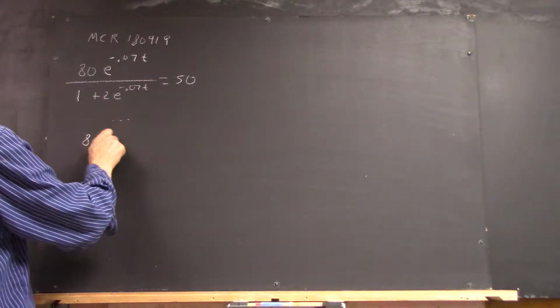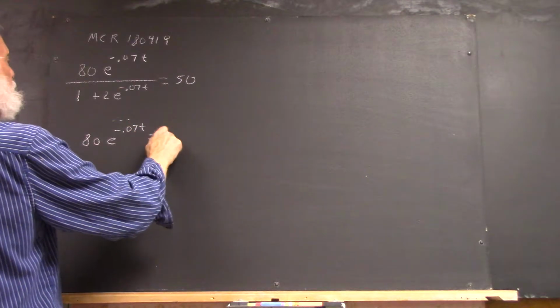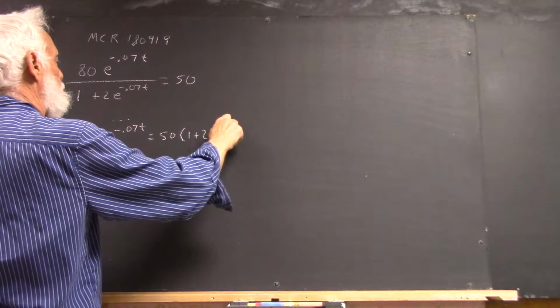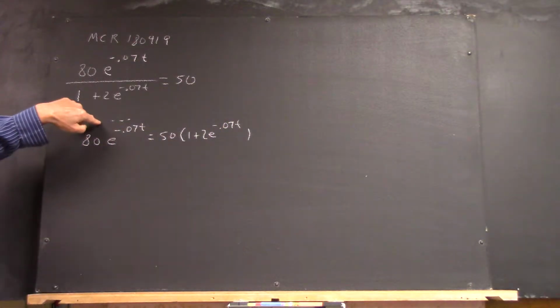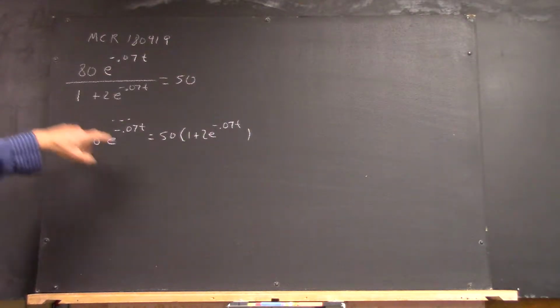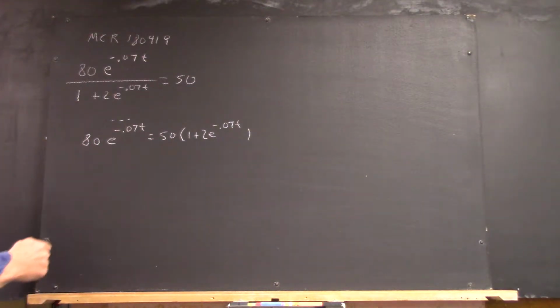We get 80 e to the negative 0.07t equals 50 times 1 plus 2e to the negative 0.07t. Now when I put dots here, that means there are steps that need to be filled in, and you need to do it carefully, and you need to identify what you're doing, but it's going to be exactly the same as the reasoning we used previously, so I'm not going to take the time to write it out.